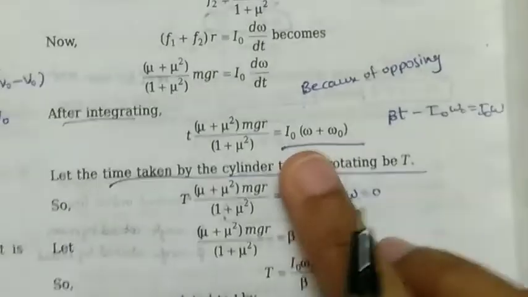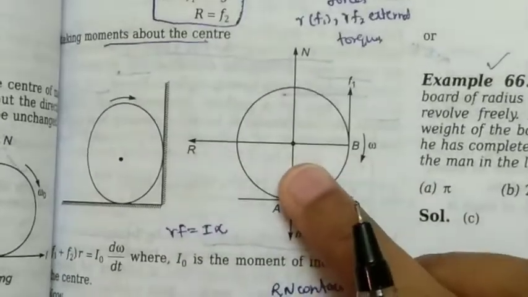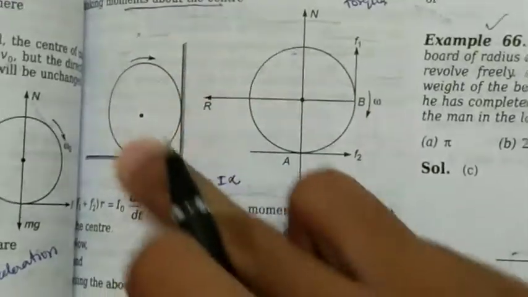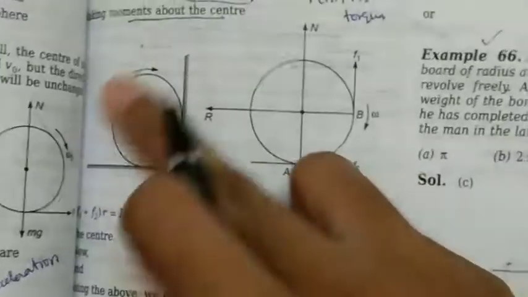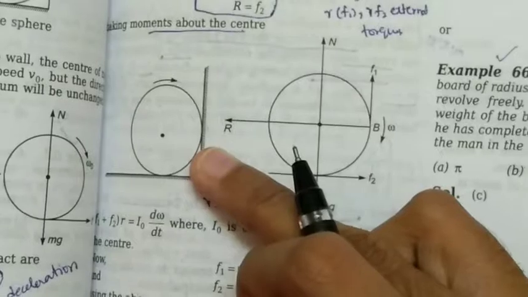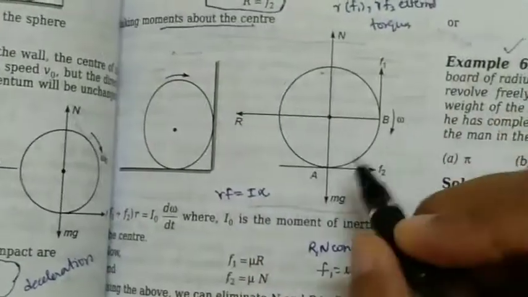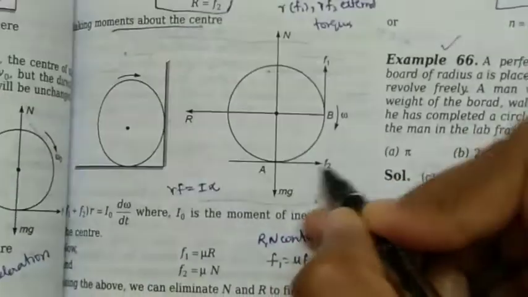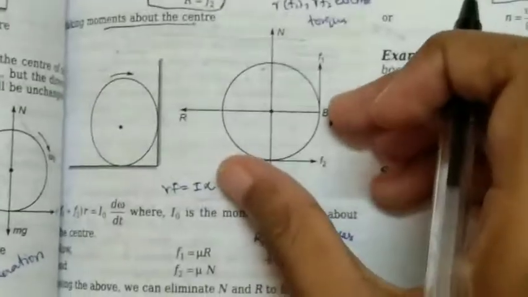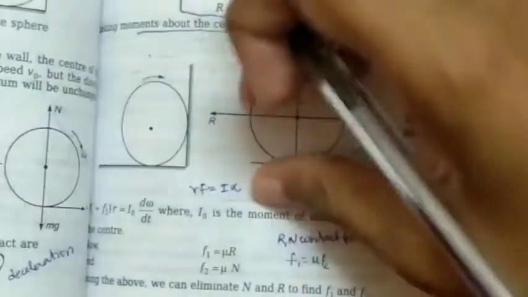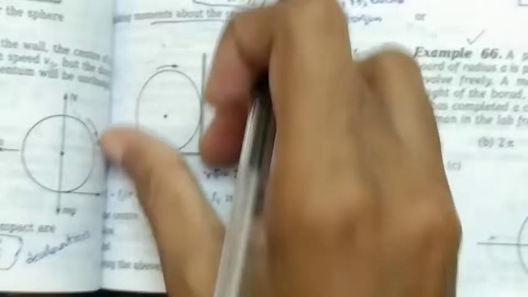Why minus? Initially this cylinder is moving in this direction, this is the direction of omega naught. As time passes by, it would slow down, and it seems like these forces are making the cylinder rotate in this manner, anti-clockwise.